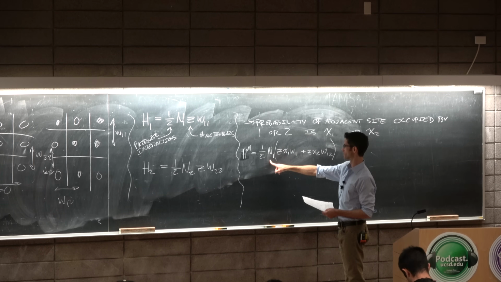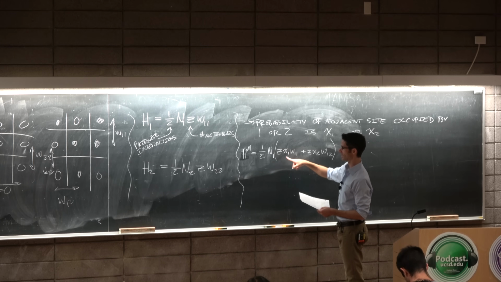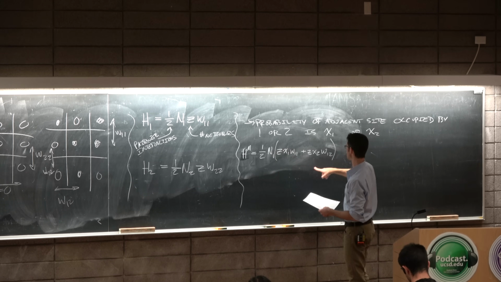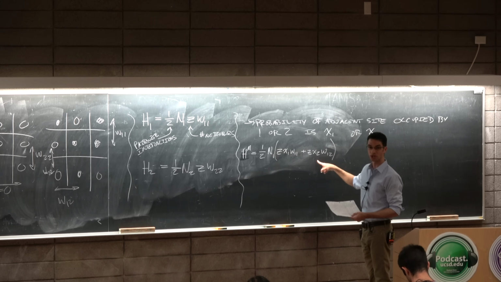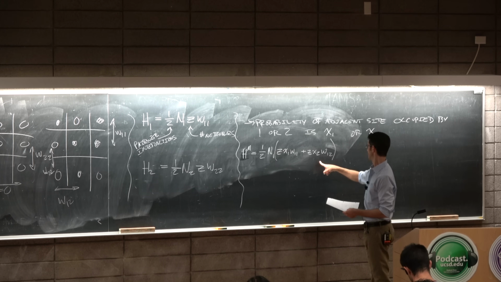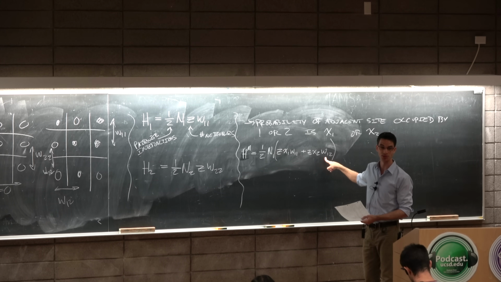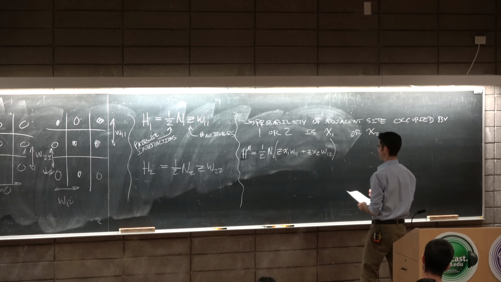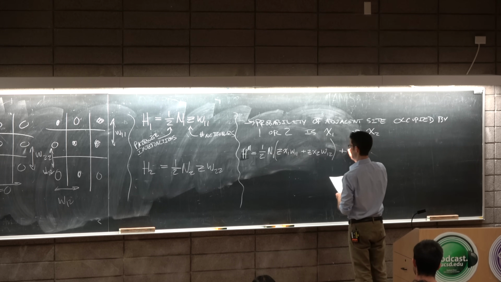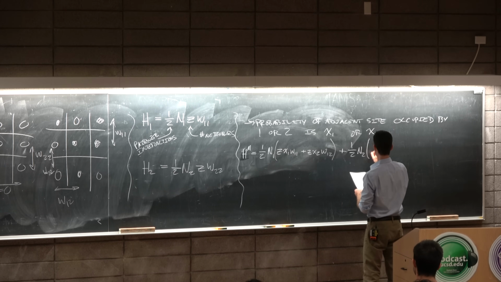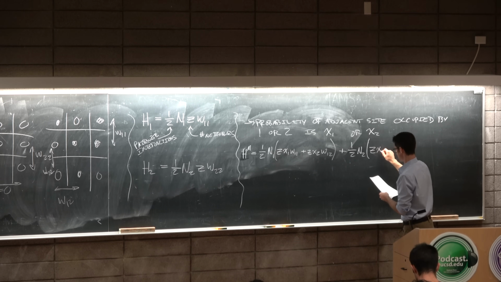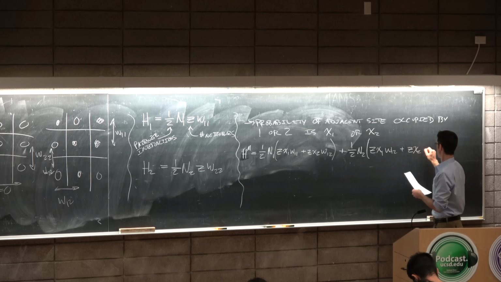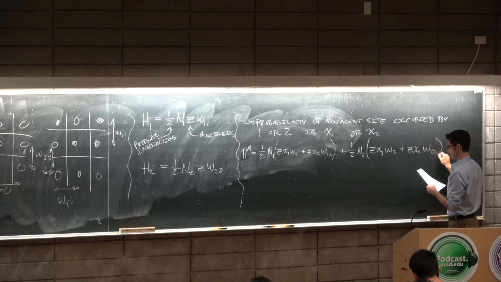So this is the number of molecules of 1 times the normal probability times the energy that it will be interacting with one of its own kind, plus another term which accounts for the fact that it could be next to one of the other type, and its interaction W12, which is the energy associated with two unlike molecules coming together, plus 1/2 N2 Z x1 W12 plus Z x2 W22.